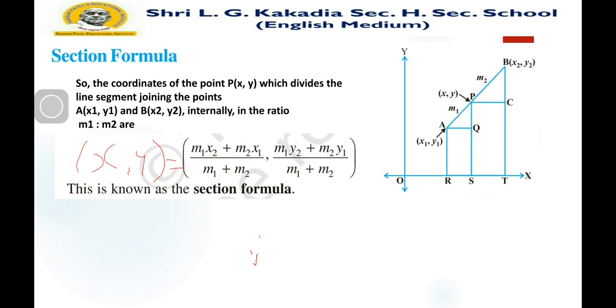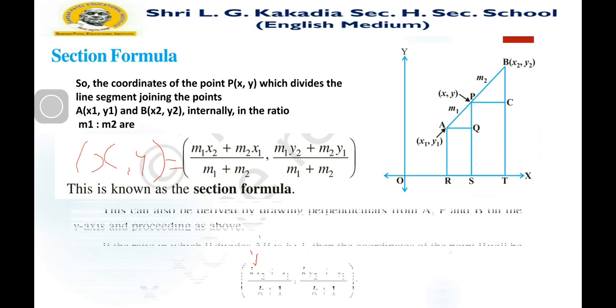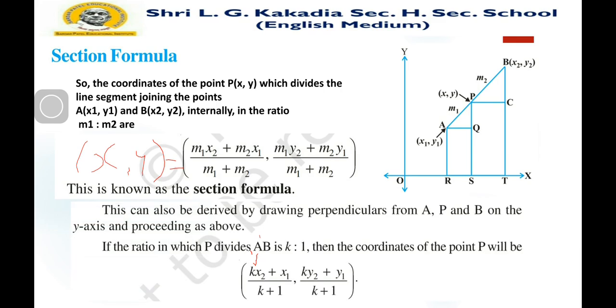Now, this can also be derived by drawing perpendiculars from A, P and B on the y-axis and proceeding as above. So by drawing perpendiculars also we can find it.